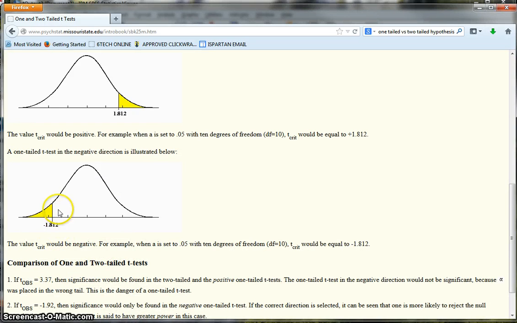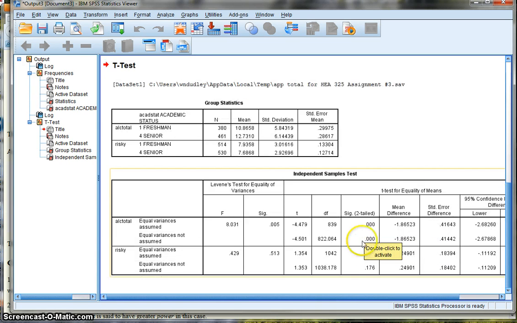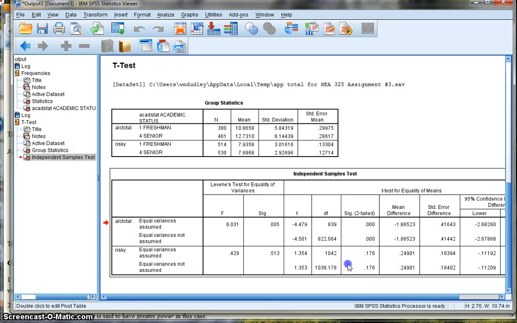Now, had I said that the seniors are going to be lower, then I would be working down here with a single-tailed test. Let me go back to that t-test and show you. Here we're talking about a two-tailed test. Now, if we have a directional hypothesis, like I had here for the risky behavior, we actually get to divide this p-value here by 2.